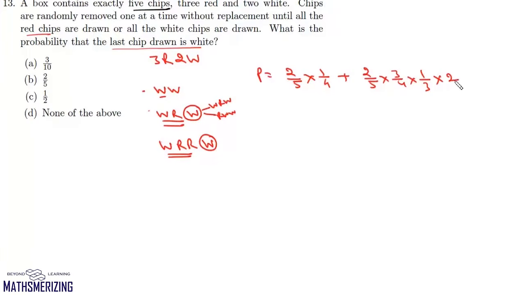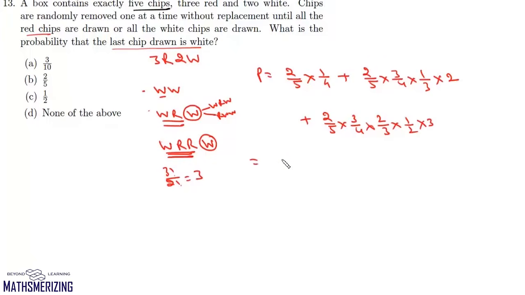So we have to multiply it with 2, and then plus, here it will be 2 by 5, 3 by 4, 2 by 3 into 1 by 2, and here we have factorial 3 upon factorial 2 possible combinations of WRR, so it will be 3, so we have to multiply it with 3.